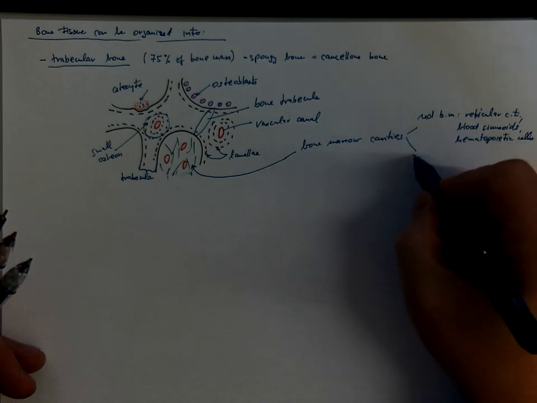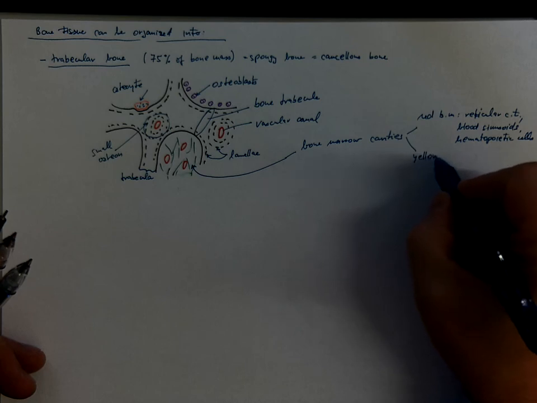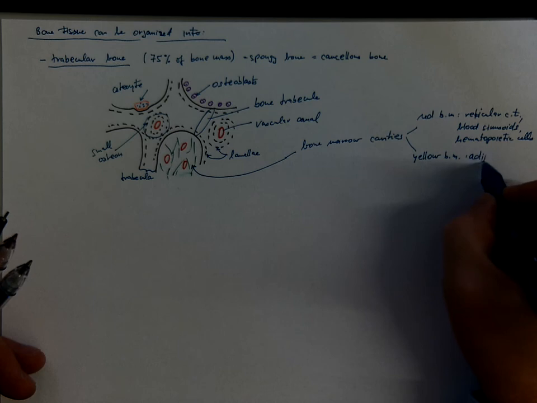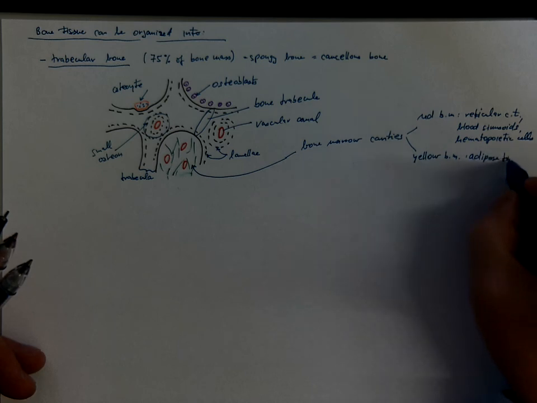And there is also yellow bone marrow, which is mostly adipose tissue, white adipose tissue.